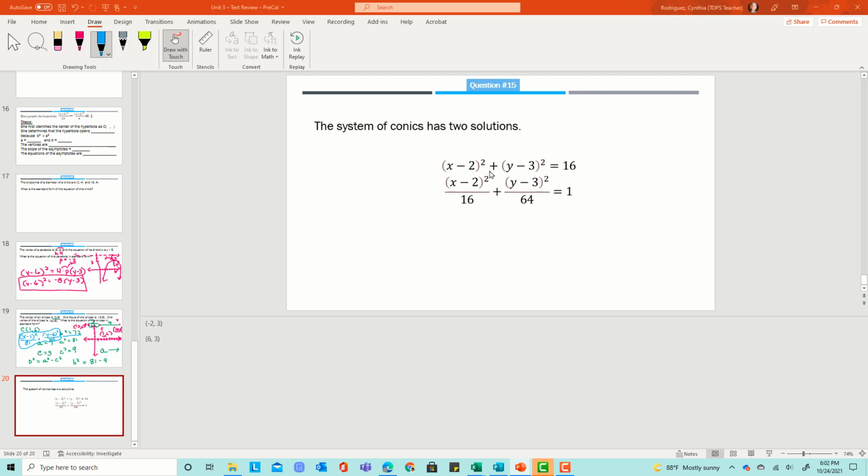I'm looking, and I'm just going to pick out this y minus 3 and y minus 3 squared. Those are the same things. So I'm going to solve for y minus 3 squared in this first equation by subtracting this x minus 2 squared from both sides.